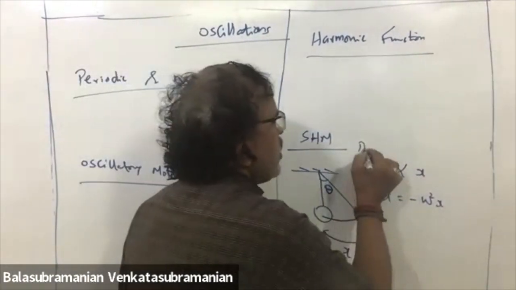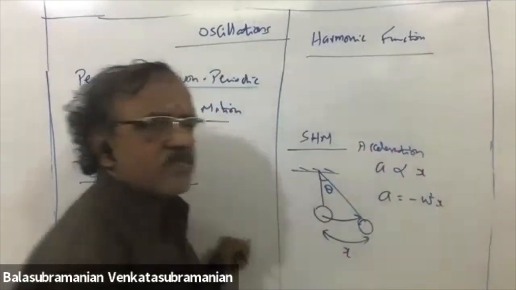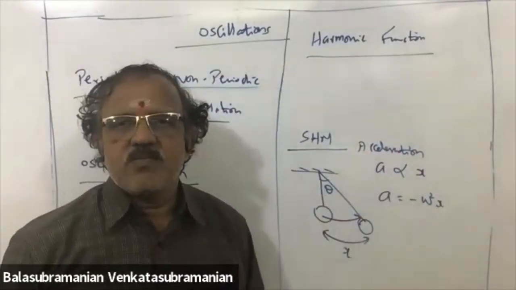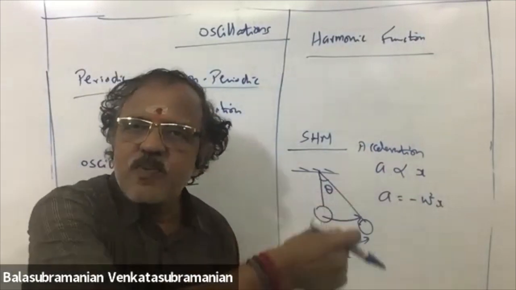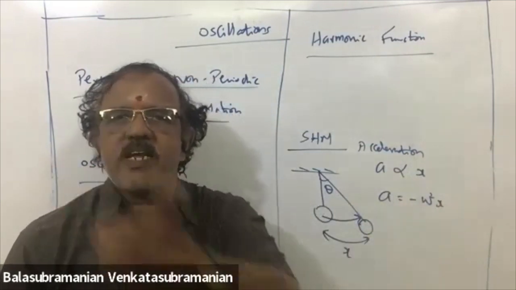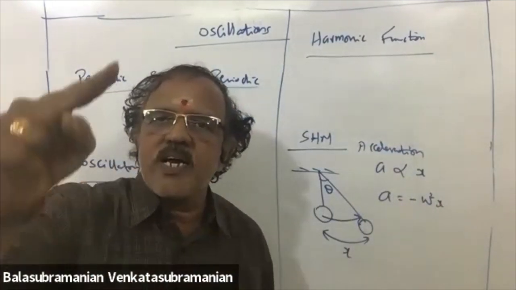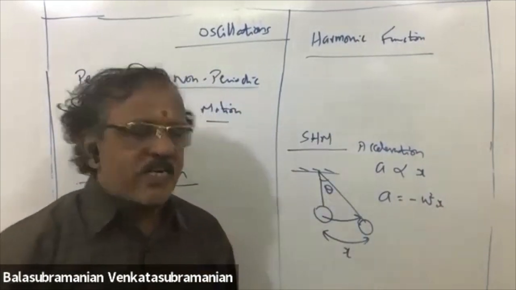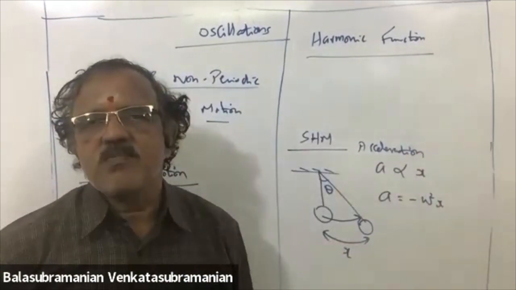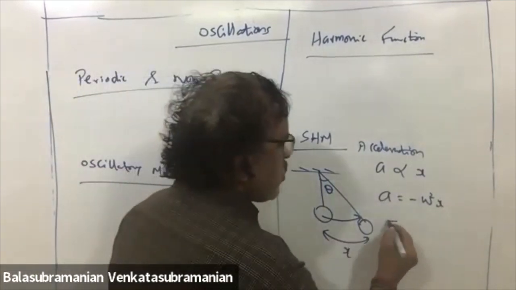So acceleration is proportional to displacement. Why is there a negative sign? You are displacing the body in one particular direction. When you leave it, it accelerates in the opposite direction. So displacement is in one direction and acceleration in the opposite direction, so there is a negative sign. You can very well write it in terms of force also.